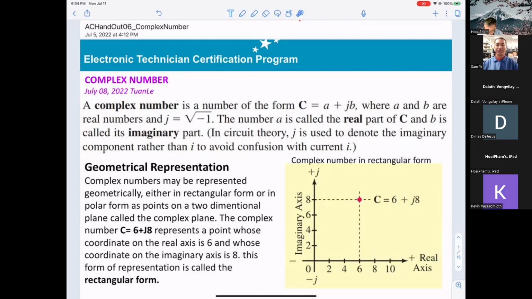The number A equals the real part of C, and B equals the imaginary part. You must know that. A is just the real part. However, B equals the imaginary part.